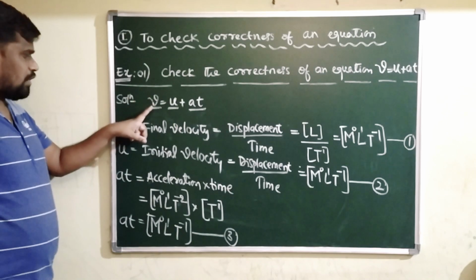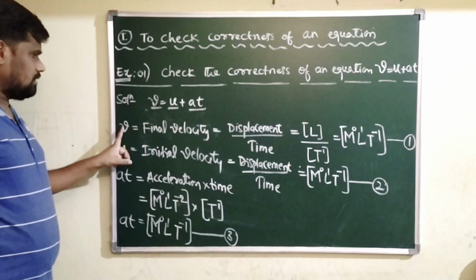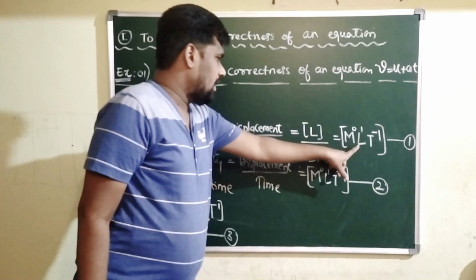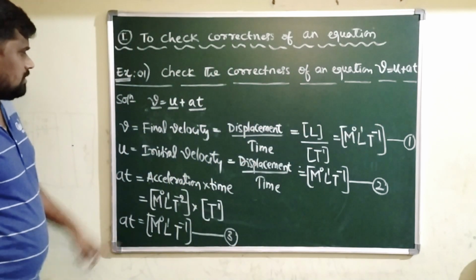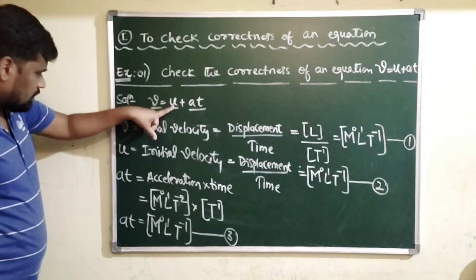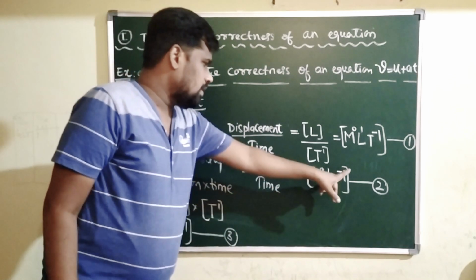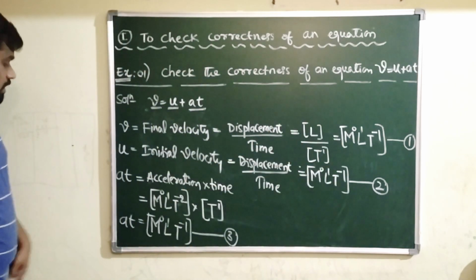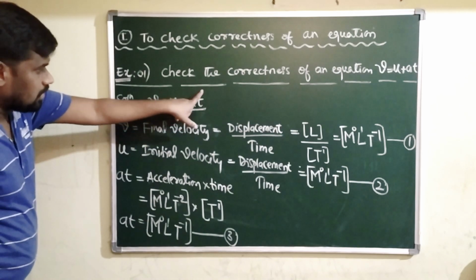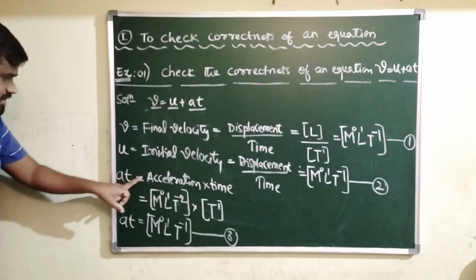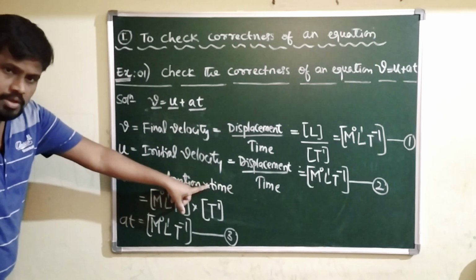What is the dimensional formula for the first term? V: M⁰ L¹ T⁻¹. What is the dimensional formula for the second term? That is u: M⁰ L¹ T⁻¹. What is the dimensional formula for the third term? That is At. At is nothing but acceleration into time.